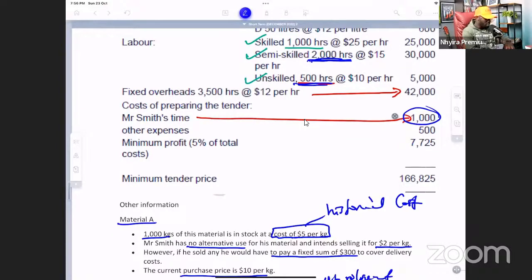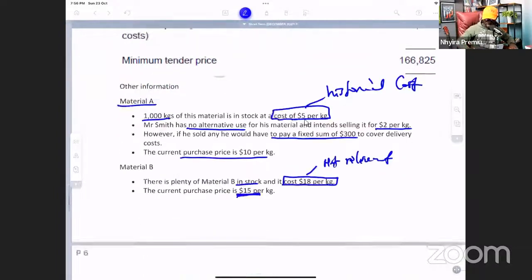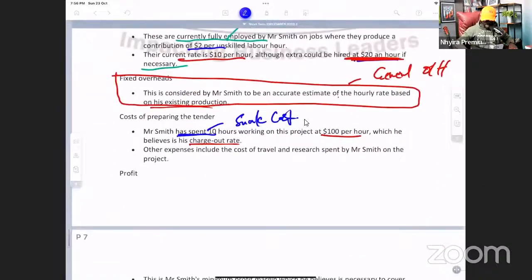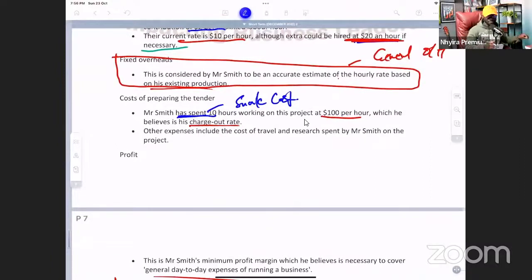So it means that if you don't pay attention to the grammar that is stated there, that he has spent, not he expects to spend, then we would have considered it. But since he has spent, past tense, it's sunk. And these are the minor languages that can deceive you sometime in the exam hall.